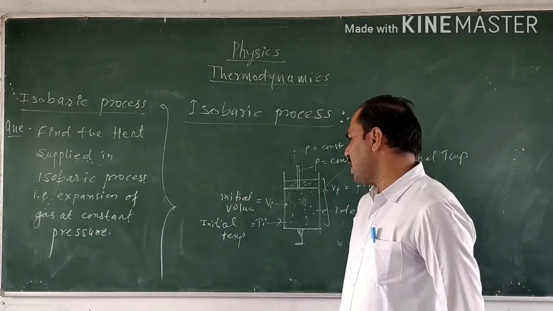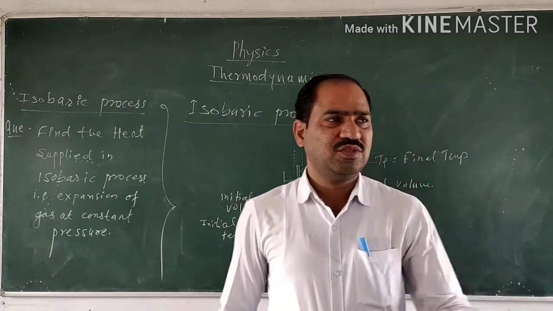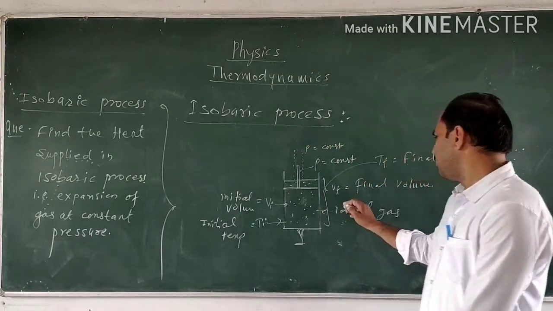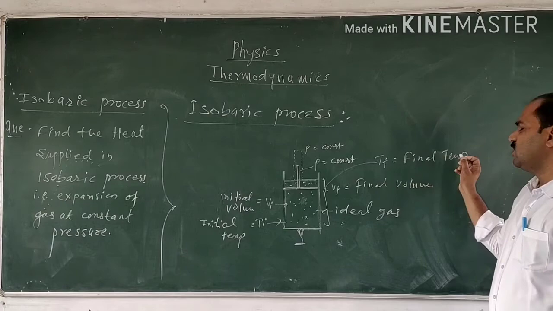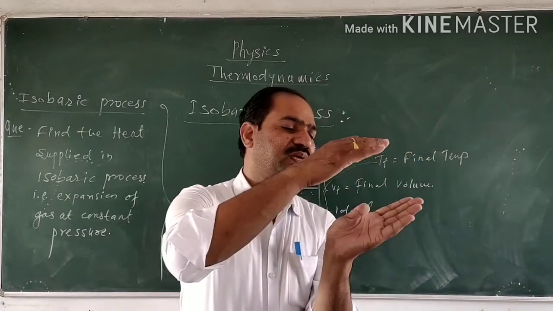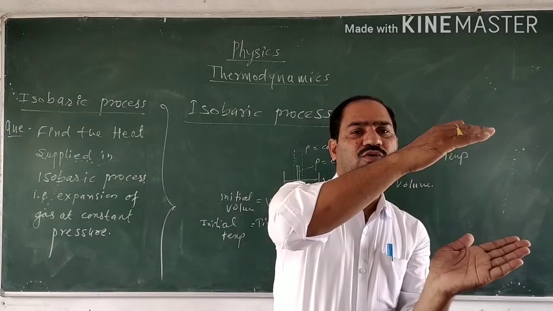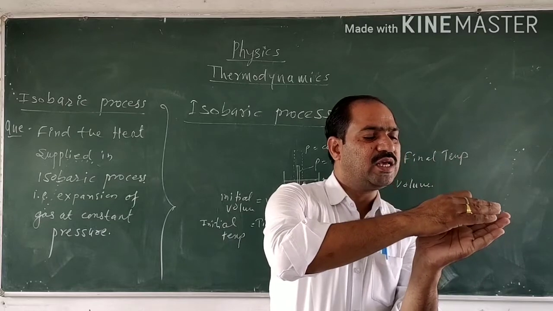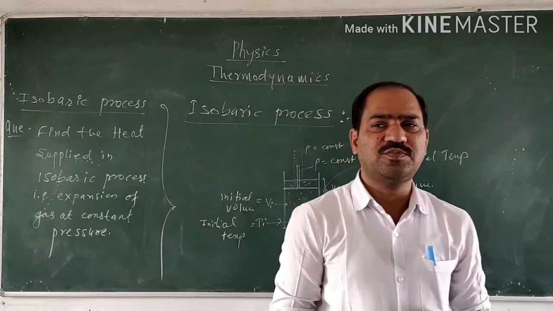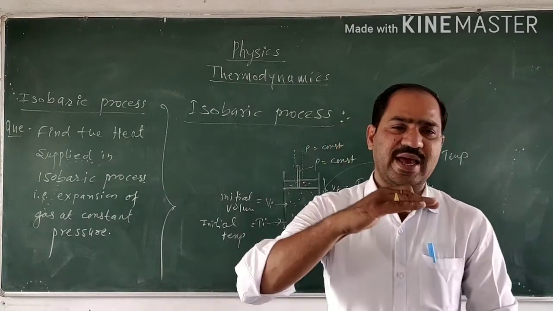Initially its temperature was Ti; instead of Ti, we can say T1 is the initial temperature, and instead of Tf, we consider T2 as the final temperature. So the gas expands from temperature T1 to T2, or Ti to Tf, and volume changes from Vi to Vf. So this is the expansion of the gas.